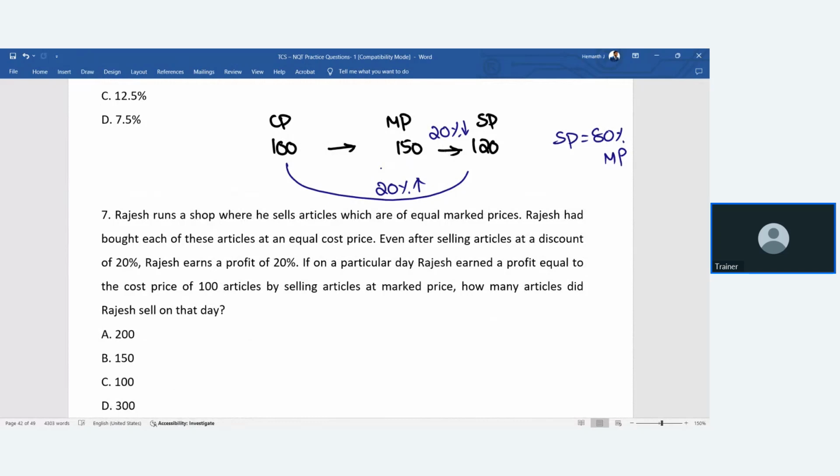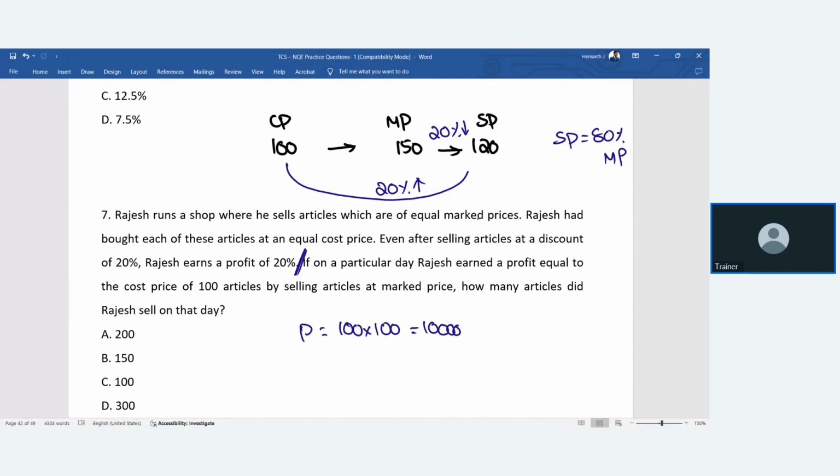Okay, now in the question, what they want to mention here is that Rajesh got a profit. Profit is equal to the cost price of 100 articles, 100 rupees each. But how did he sell? He sold at the marked price. No discount is given.